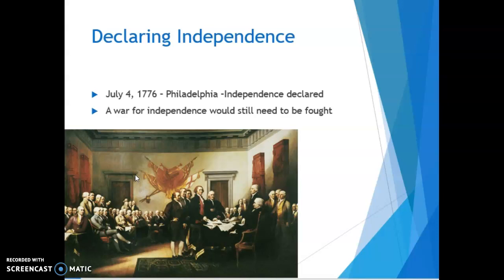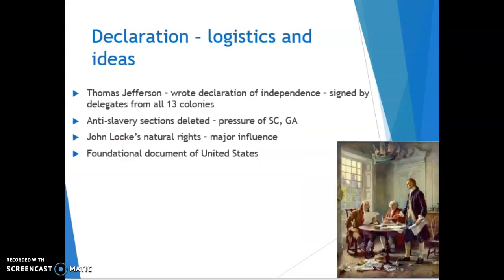You start out with Enlightenment ideas in your introduction, followed by a number of grievances that are specifically attacking King George. Although the name King George III never actually appears in the grievance section, they just keep using the word "he." But of course, King George III, when reading that, would know it's directed towards him. And then at the very bottom, you have the conclusion where they're officially breaking from Britain. And this is an all-out war now against Great Britain.